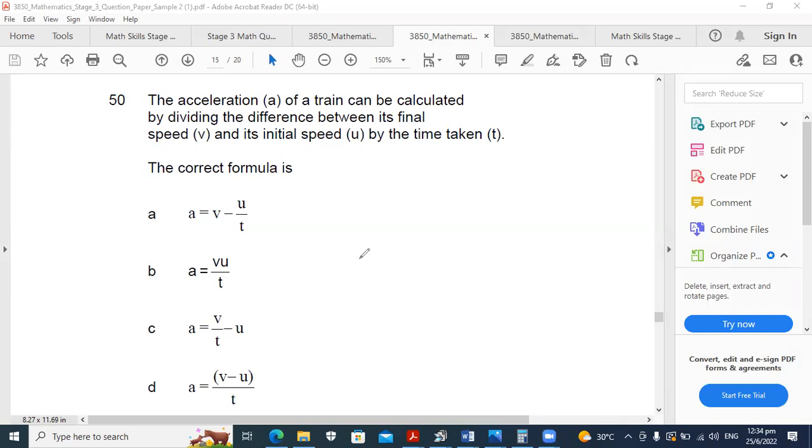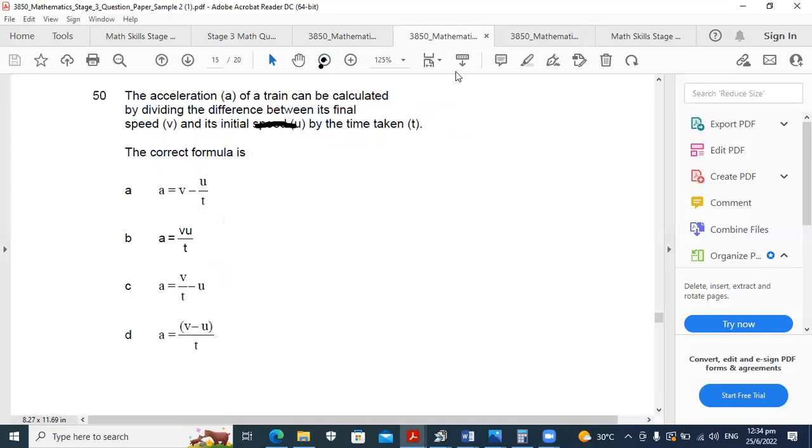So it says the acceleration of a train can be calculated by dividing the difference between the final speed and the initial speed, v minus u.